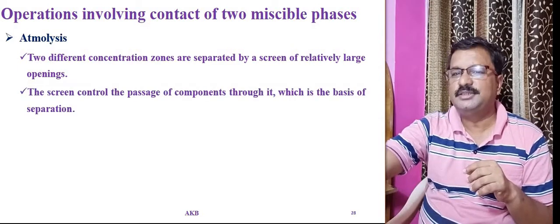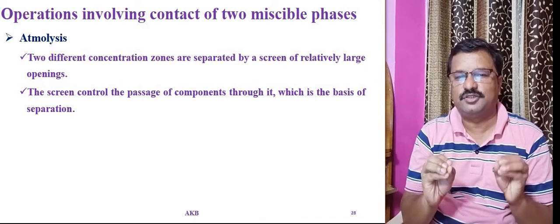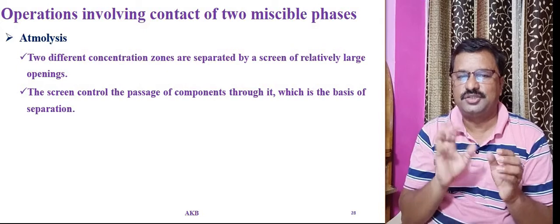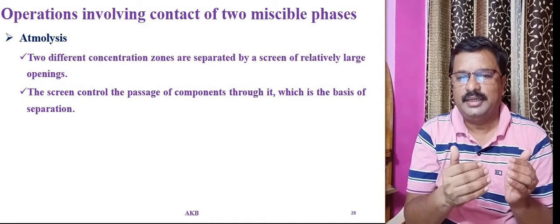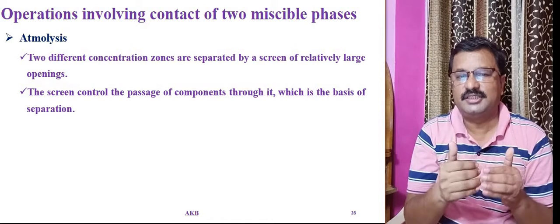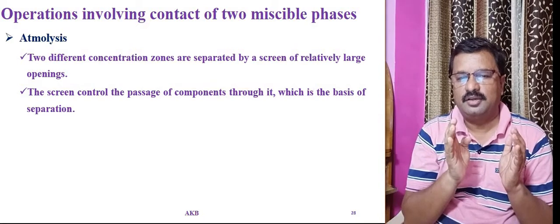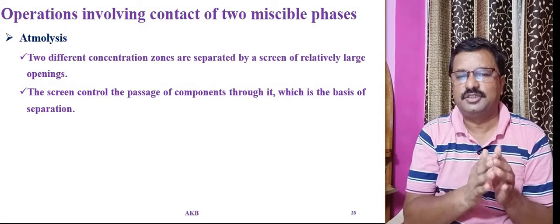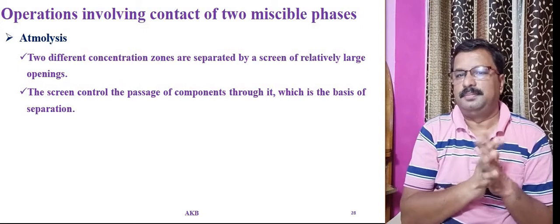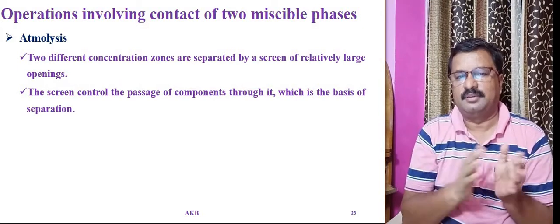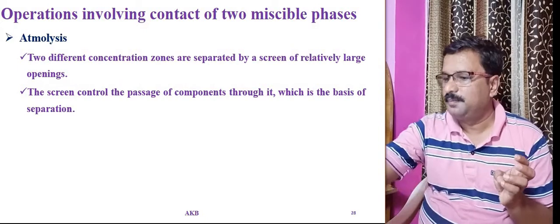So what does this screen do? The screen controls the passage of components through its openings. It will allow some components to pass through the openings, and it will restrict the movement of a few components. In this way, we will be able to separate components of a liquid solution or a gas mixture.